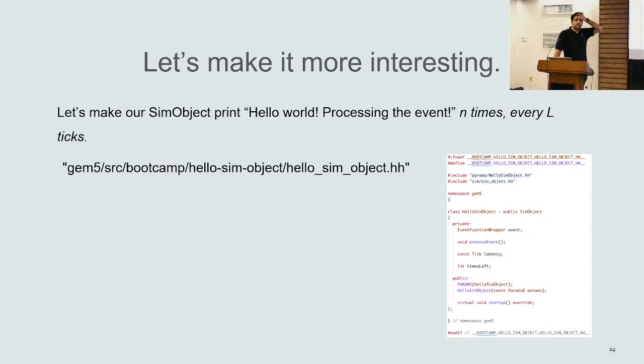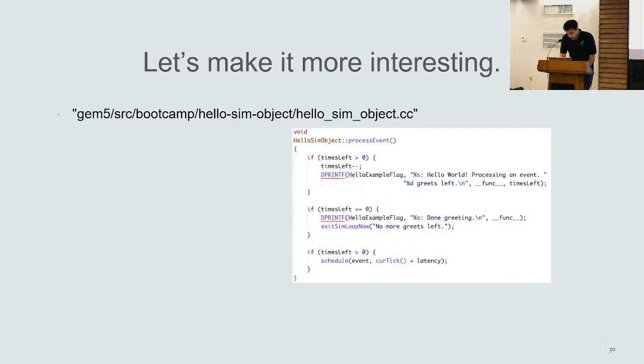What we want to do here is print out the statement, hello world processing the event, n times every L ticks. So two parameters. We want this to print n times every L ticks. Let's go ahead and do that.